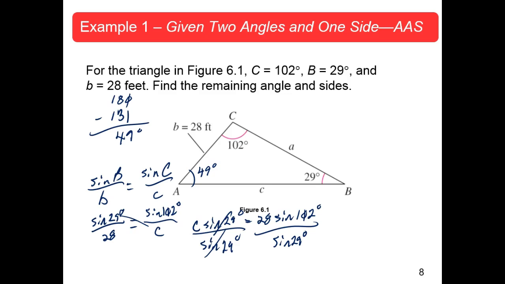Negative 41.9. Good idea that you're probably not in the right mode. Okay? What's that? Okay, I'm in degree now. Okay. It's always good to check, not guess.